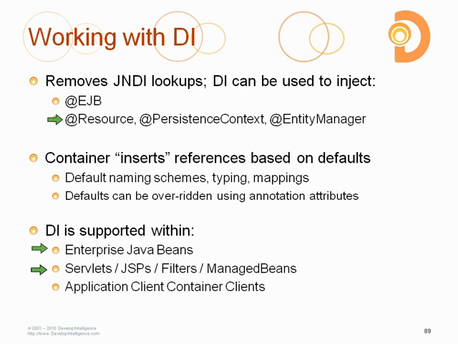So if I have this application client container, which again is a Java SE application, it also supports dependency injection. To be honest, it's not the most common thing used in the industry today, but it does exist. And some of the examples that you'll see online, specifically Sun's examples in their tutorial, leverage this application client container.